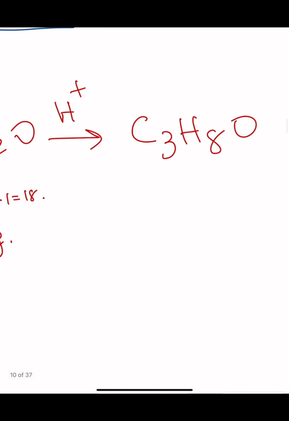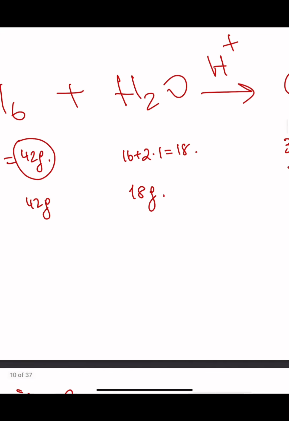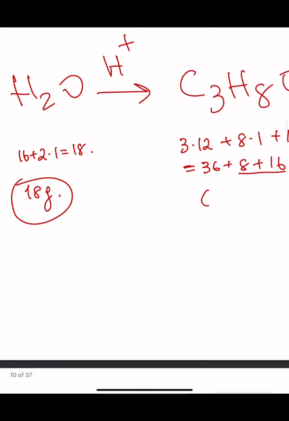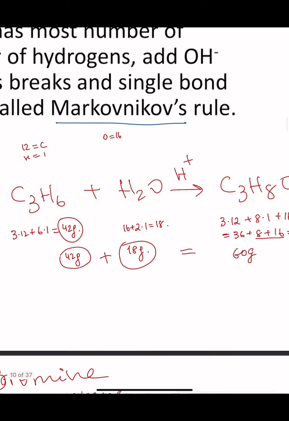Let's check out the product itself, C3H8O: 3 times 12 plus 8 times 1, and then 1 oxygen, which is 16, so 36 plus 8 plus 16 would be 60 grams. As you see, 42 grams added to 18 grams, and you got 60 grams. If you do the math, you would see that these add up. Okay, so this is simple math.